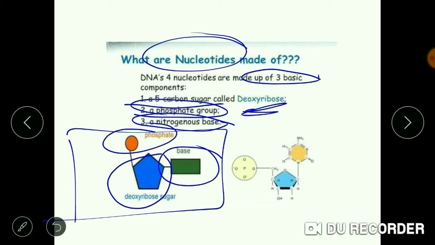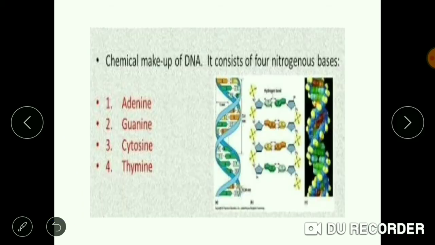These three parts form a complete nucleotide, and many of these nucleotides together combine to form a structure known as polynucleotide. Now we'll be talking about the term nitrogenous base. So what is this nitrogenous base?